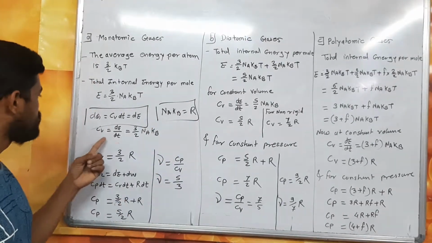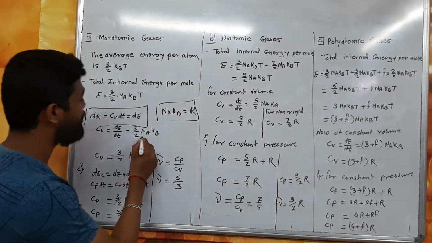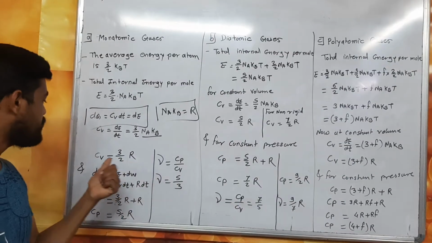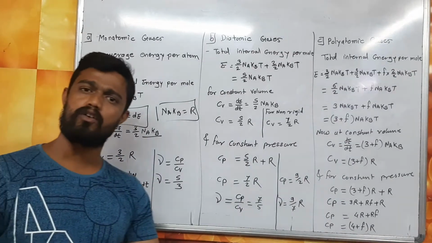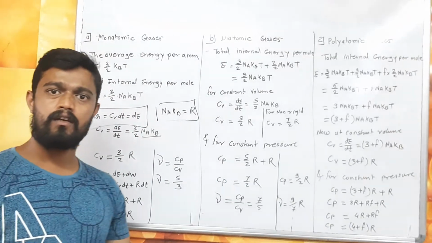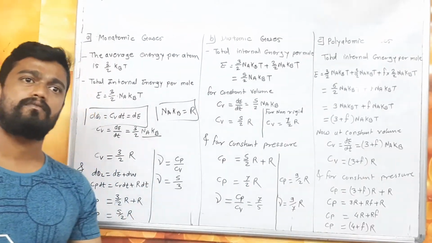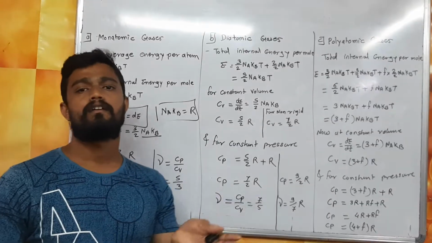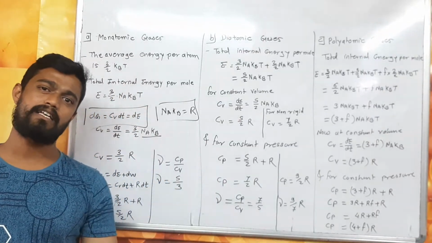So I directly put the value of Na kB as R. So you got Cv is equal to 3 by 2 R, the specific heat capacity of a gas at constant volume.